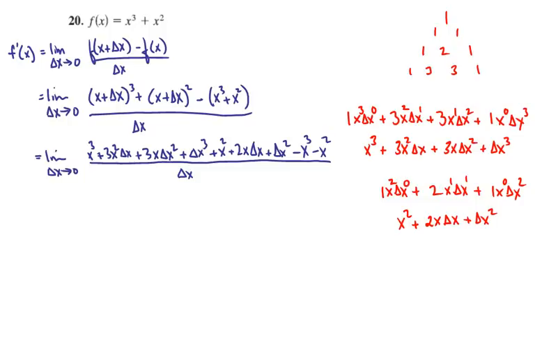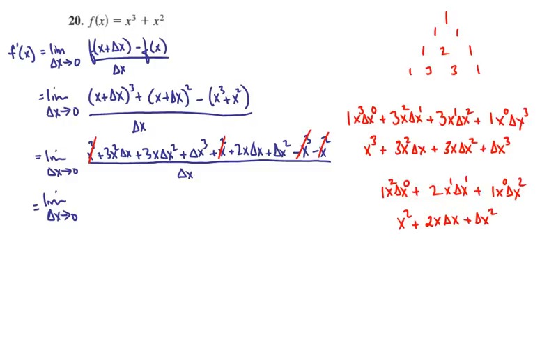Now we need to combine like terms here. First of all, anything without a delta x should disappear. We have x cubed and negative x cubed, x squared and negative x squared, and it appears that everything else has a delta x in it. So we have x squared delta x, delta x squared, delta x cubed, x delta x, and a delta x squared.